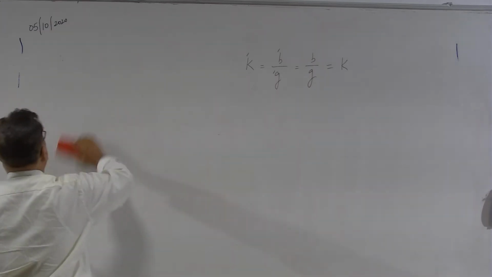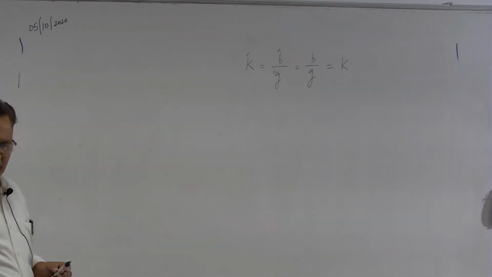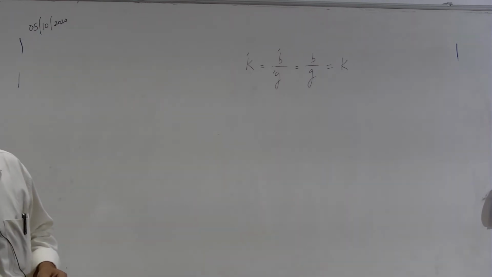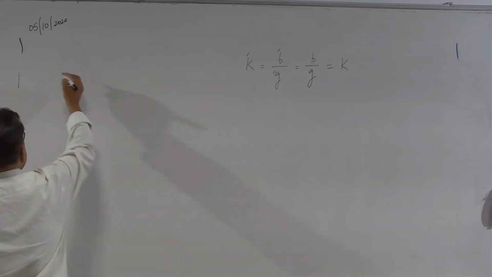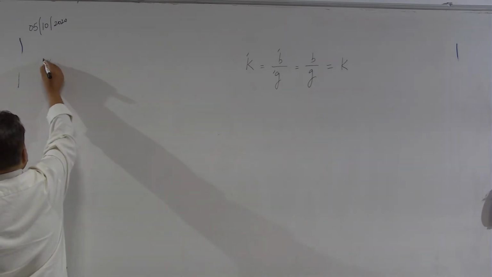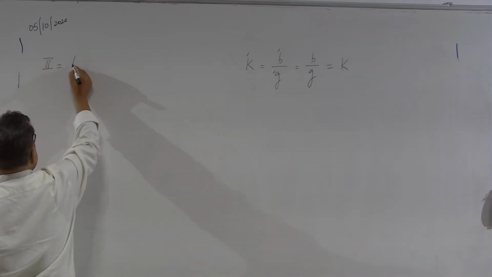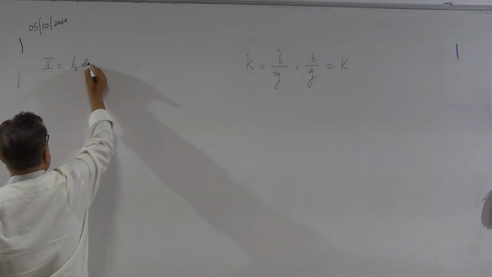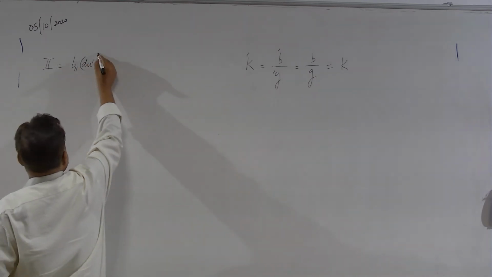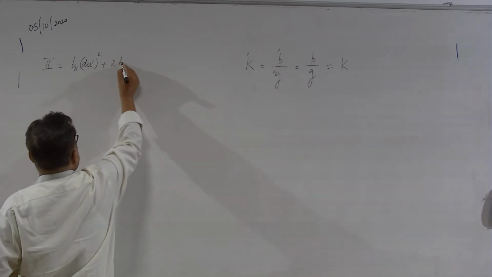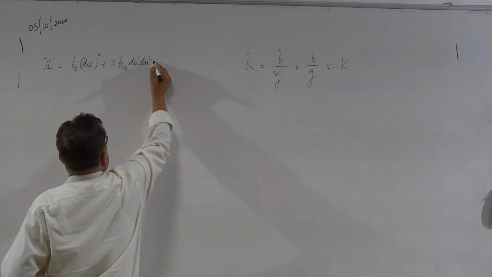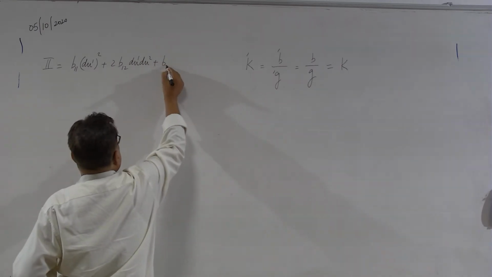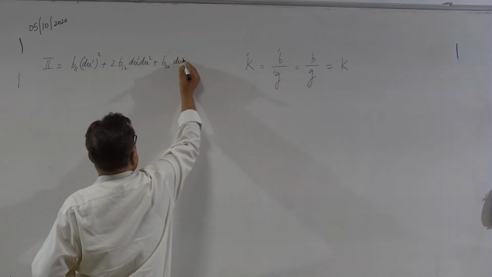Now, one more point was left last time, that is some special points on a surface. So, the second fundamental form, let me recollect, it was defined as B11 into du1 square plus 2 times B12 into du1 du2 plus B22 into du2 square.